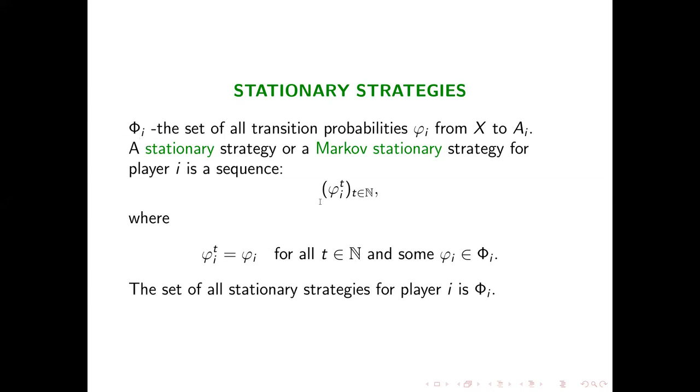So in other words, it's a constant sequence. That's why I will identify this sequence with its element phi_i. And with a little abuse of notation, by capital Phi_i I will denote also the class of all stationary strategies for player i. So in other words, a stationary strategy for player i depends only on the current state of the process, does not depend on the history, does not depend on the period of the game.